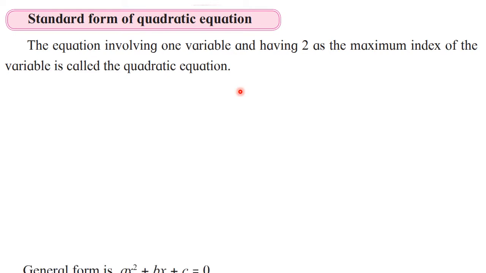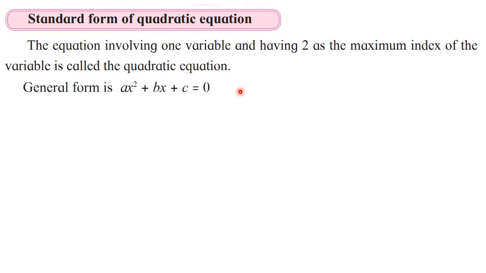Then we saw the general form, that is ax square plus bx plus c is equal to 0, where a, b, c are real numbers and a is not equal to 0. See here, if a is equal to 0, then 0 into x square is 0. That means the equation will not satisfy the condition of maximum index 2.